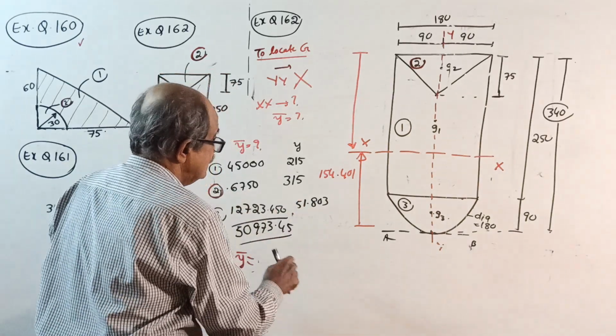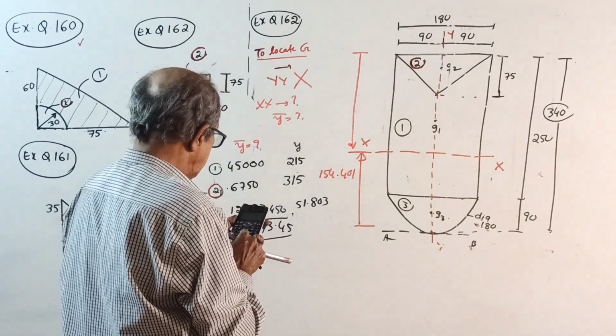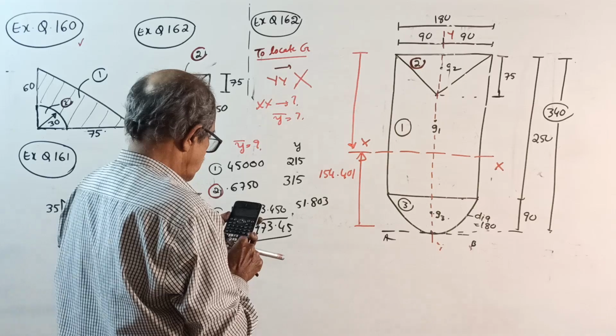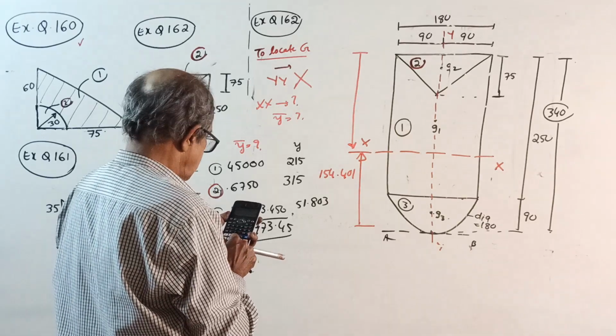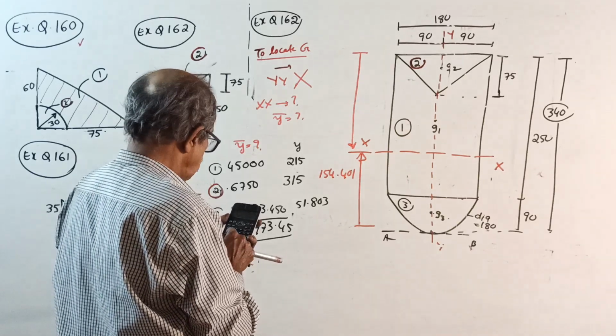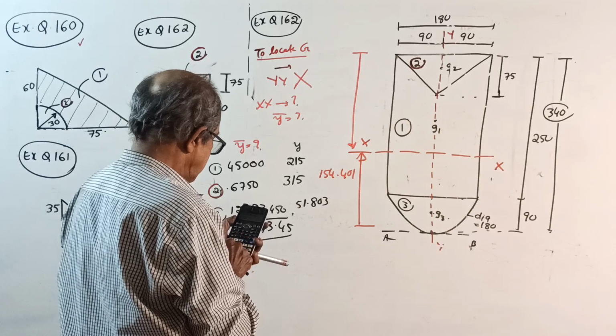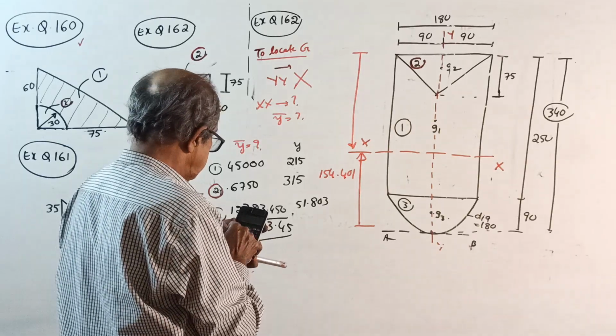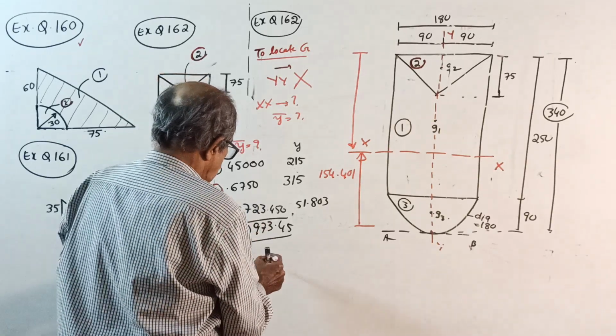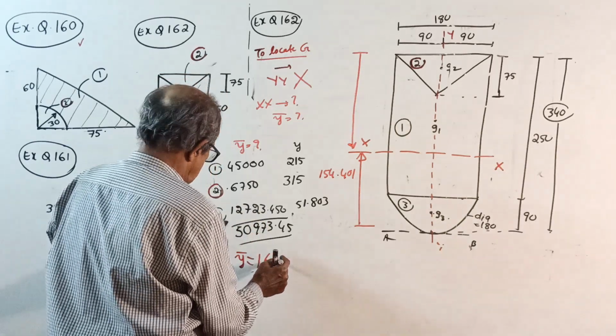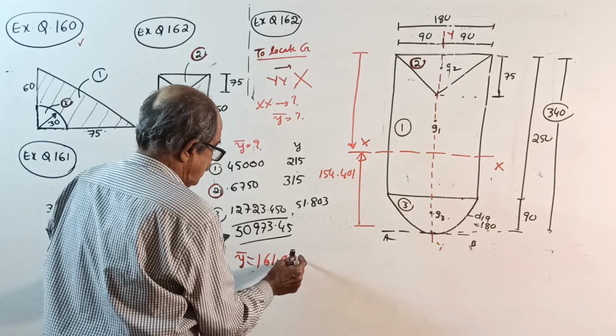See what happens. So now once again, 45,000 into 215 minus 6750 into 315 plus 12723.45 into 51.803, divided by A. Y bar is 161.022.